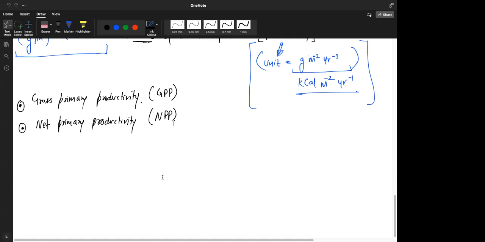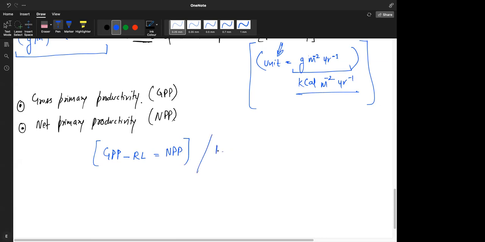So this is all about primary production. If I try to write this in the form of an equation, can I say that GPP, which is produced completely, minus respiratory loss, let's say RL, respiratory losses, will result in NPP?